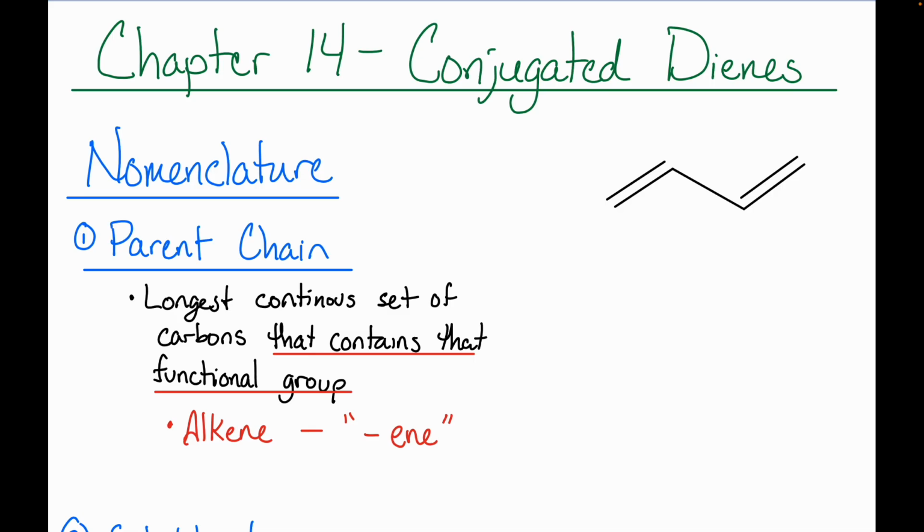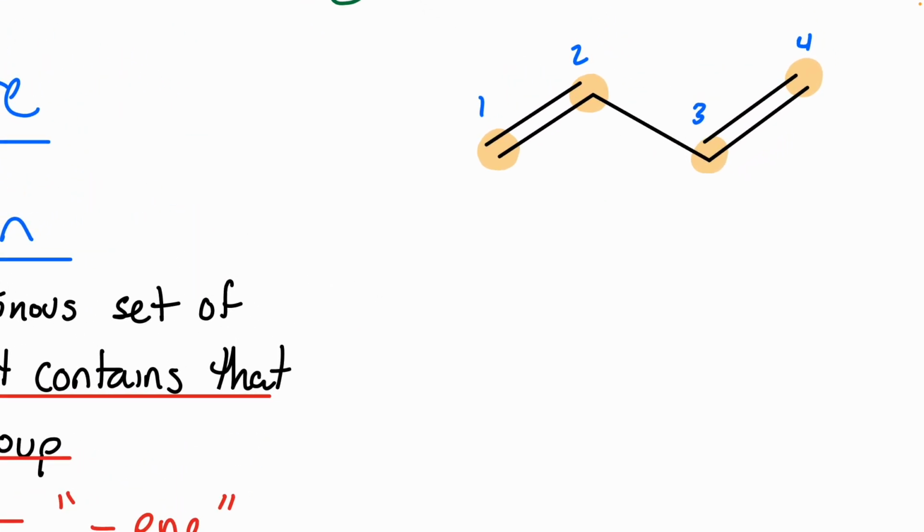We still have to make sure that our parent chain includes now both of these functional groups. And we're going to number in such a way that we give those functional groups the lowest possible numbers. In this case, there's only the one way to do it. When we do our name, we now have to indicate the position of both of those carbon-carbon double bonds.